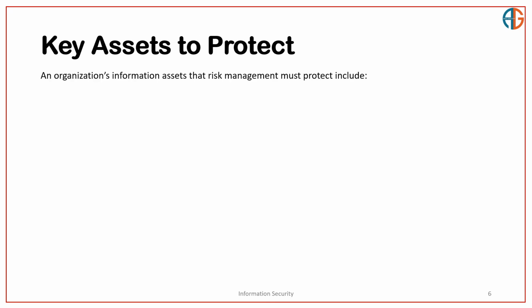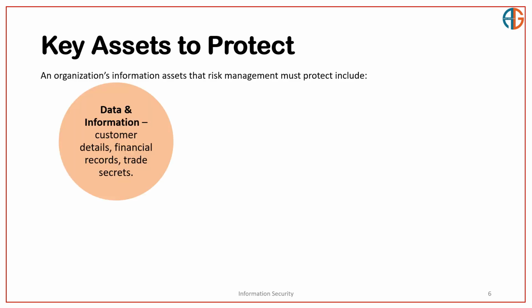Now we shall see what the key assets to be protected by an organization are. In an organization, you will have many different types of assets, inventories, employees and so on. So what are the major things that need to be protected? The first and foremost thing is the data and information.